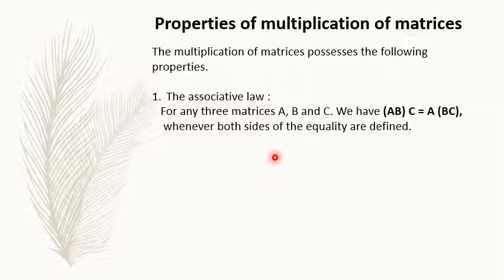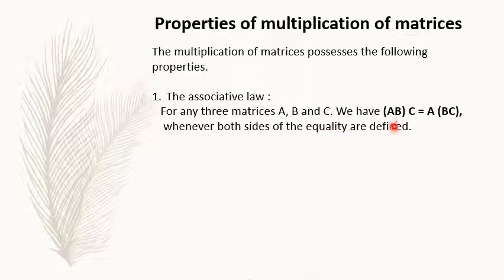So, to avoid that condition, this line is added: whenever both sides of the equality are defined. That is, we choose three matrices A, B and C such that we can calculate this LHS and RHS.